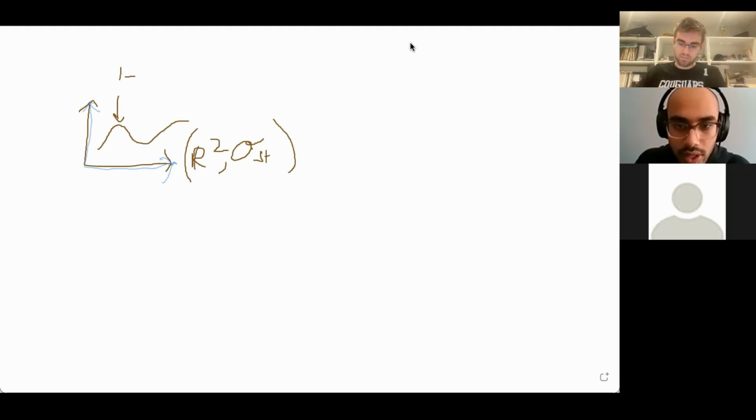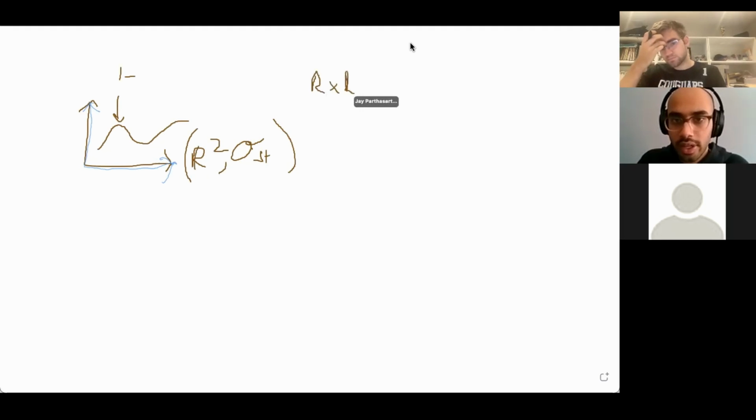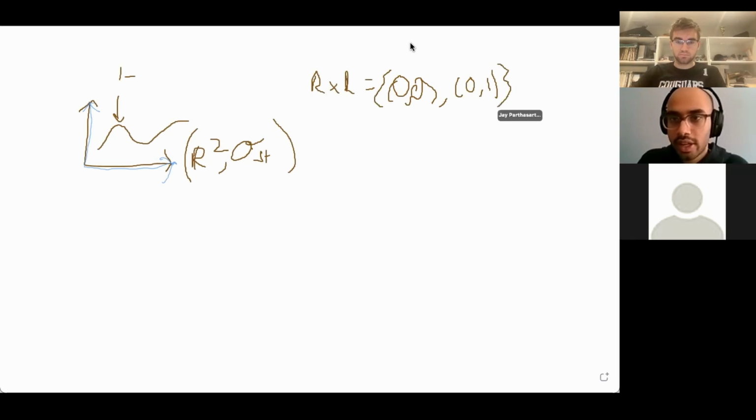Hold on, how do I get back to my pen? Okay, so we have R cross R, and that becomes the tuple 0 comma 0, then 0 comma 1, and all this stuff. So R2 is a huge set of ordered tuples. Does that make sense? Yep.